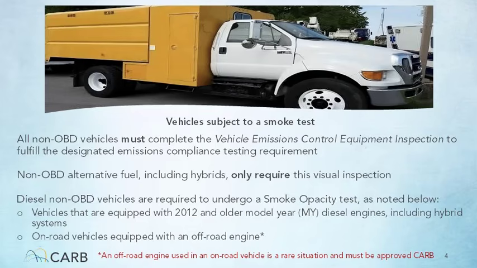The second category are on-road vehicles equipped with an off-road engine. This vehicle type equipped with an off-road engine is a very rare situation where a vehicle manufacturer has received a waiver from CARB due to a unique vehicle configuration. However rare, as a Clean Truck Check tester, you may come across this vehicle type in the field.